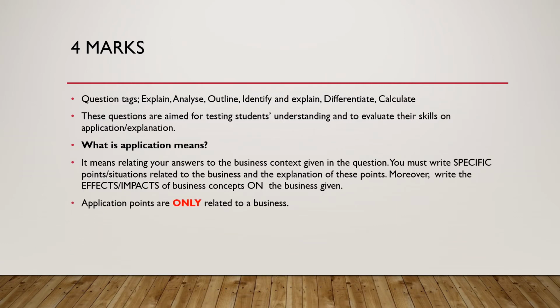So your application points should be related only to the business in the question. If the question is about a restaurant, you don't write about a school. If a question is about a school, you don't write about a furniture manufacturer. Your answer should have a specific reference to the business given in the question.